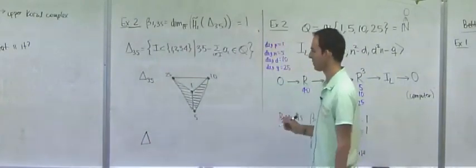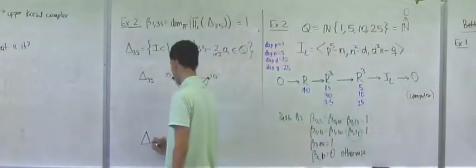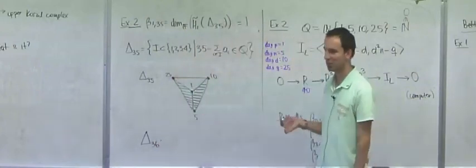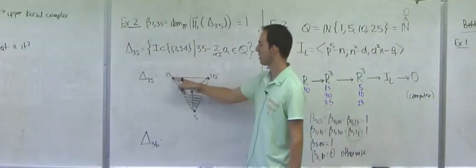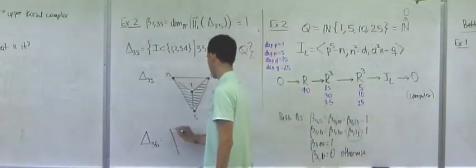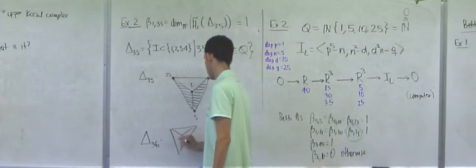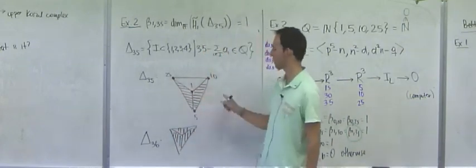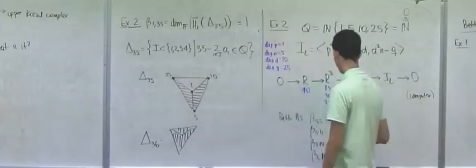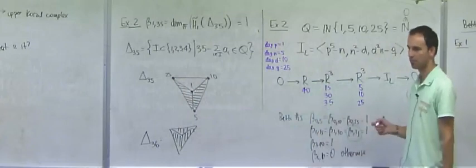For example, if I look at delta 36, then what that does is that now all of a sudden you are allowed to subtract 25, 10, and 1. Okay. And so what you get is these 3 guys. You don't get the back face, and this thing has no holes, which means that you should never see 36 anywhere here.